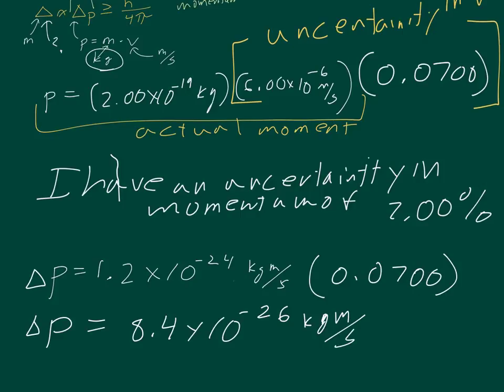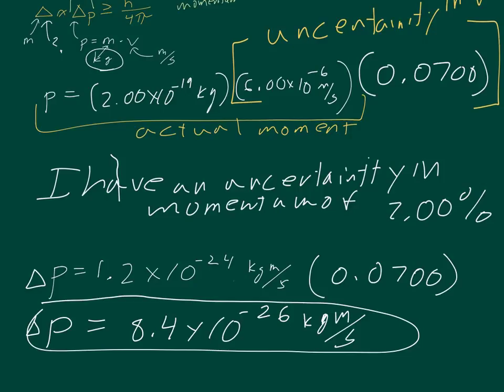And now I have the number that I can plug into my Heisenberg uncertainty formula. I'm getting ready to make a lot of things disappear here because this has gotten terribly messy, so I hope you've written this down.